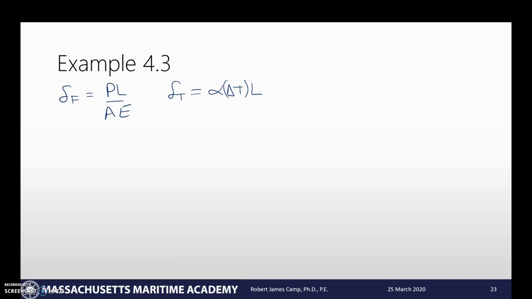So what are we going to have to do? First thing we need to do is go get some information. Now, in the problem, I told you what the modulus of elasticity was for A36 steel, but I did not give you the coefficient of thermal expansion. So what do we do? We go take a look in the book. I'm fairly certain that you will not find this in the engineering equation manual because it is not an exhaustive list of all the materials.